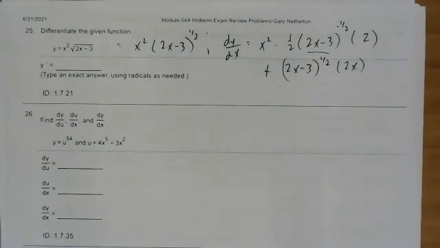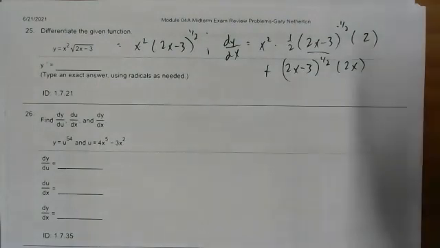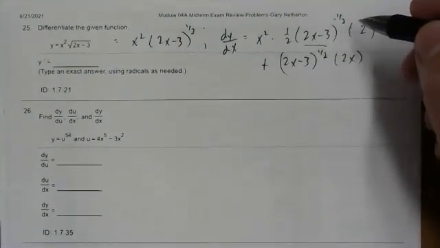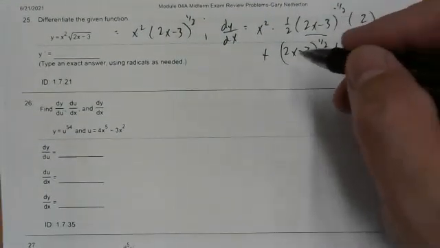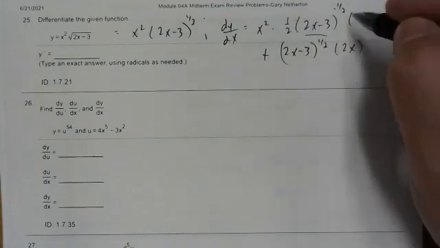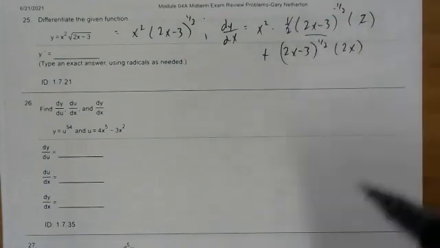Now with some of these problems, the key is trying to just simplify things. So this is number 25. So 1/2 times the 2, those sort of cancel out.